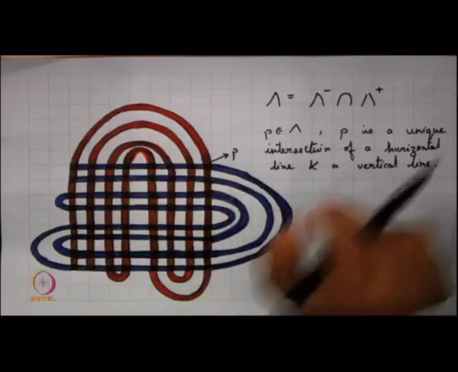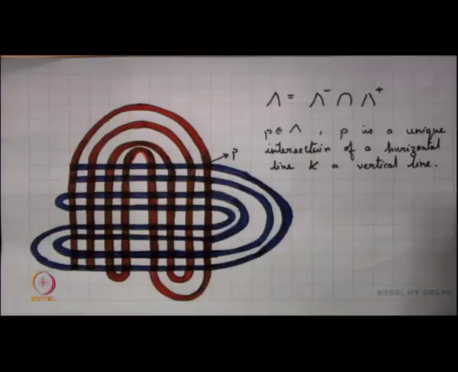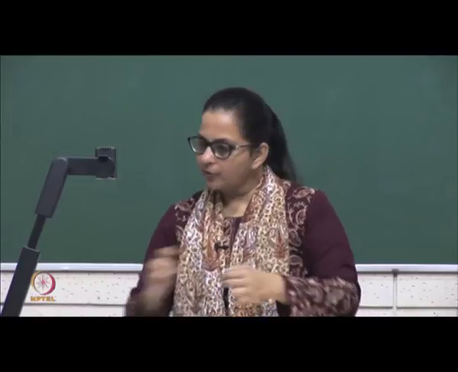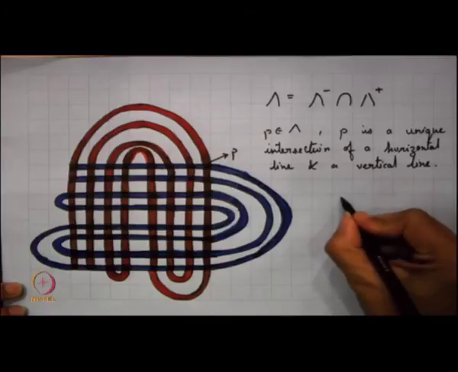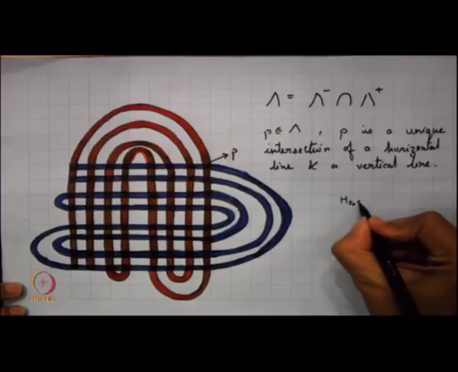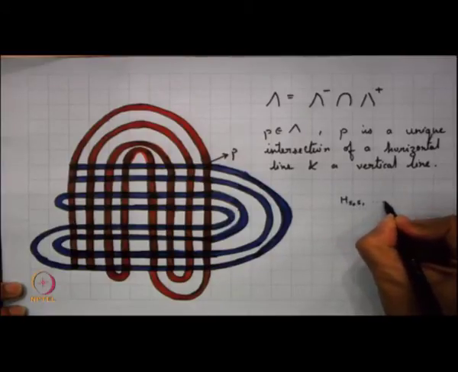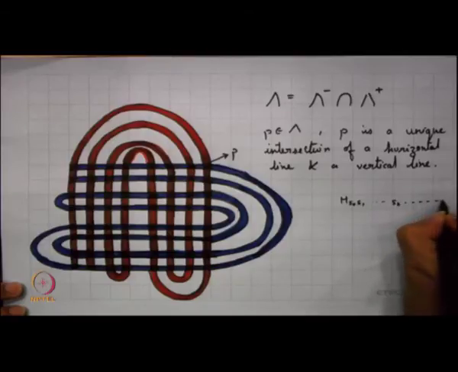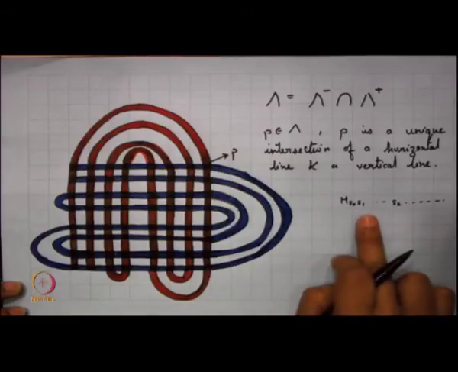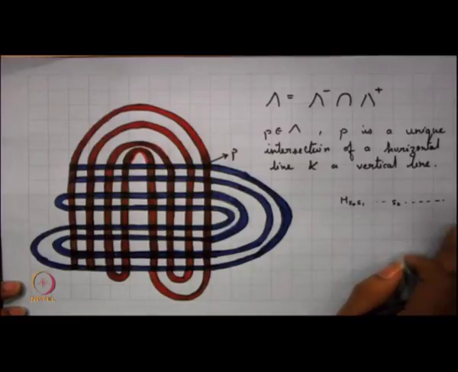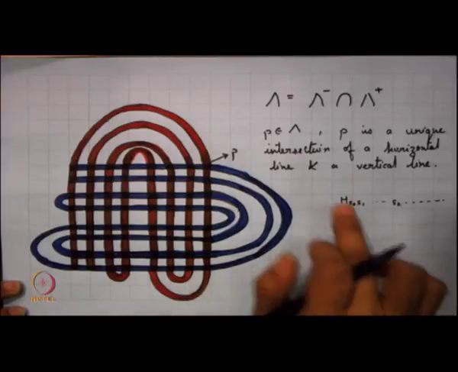Now, the more interesting aspect comes up over here. What is the horizontal line that we are considering? Supposing the horizontal line turns out to be of the form H, S0, S1, Sk and so on. This is the unique horizontal line. That means there is a sequence S0, S1, Sk, a sequence of zeros and ones which labels this particular line.